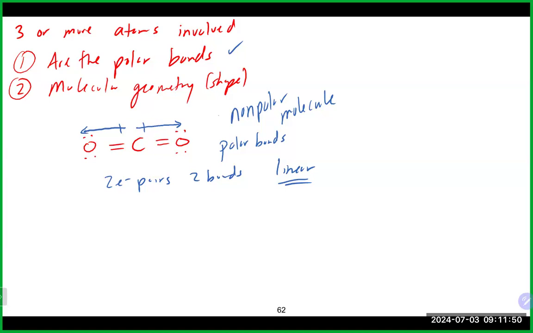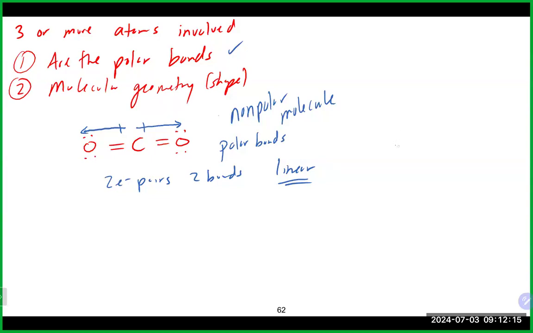It's going to cancel out. So it is possible, and CO2 is a really good example, that you can absolutely have polar bonds, but because of the geometry, you will have a non-polar molecule.